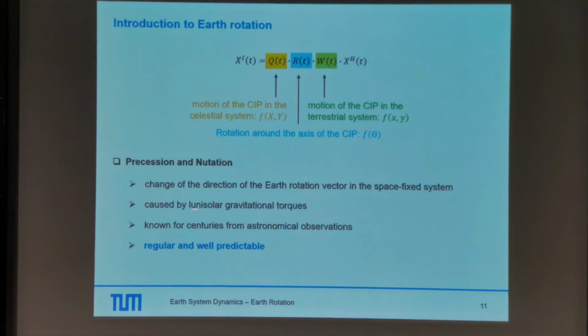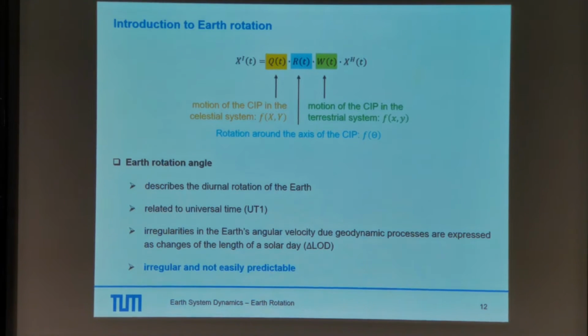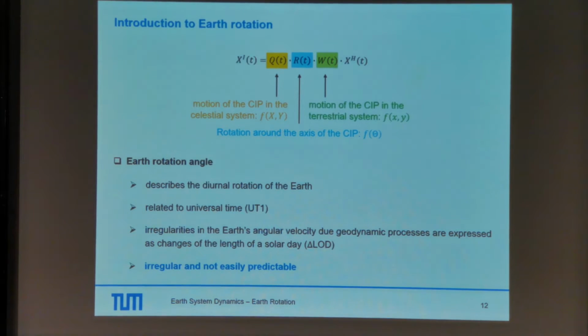It's known for centuries from astronomical observations, but is really regular and well predictable. In contrast to this, we have the Earth rotation angle, which is related to the universal time, and it shows irregularities in the Earth's angular velocity due to geodynamic processes.